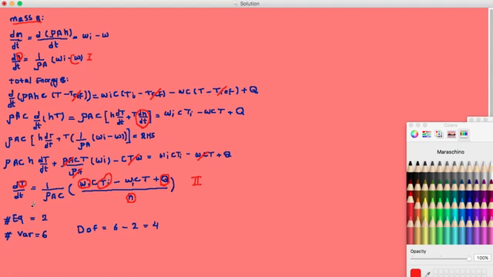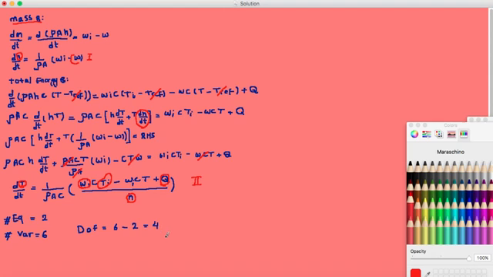So H and T are output variables on the left hand side of equation 1 and equation 2. The other two variables, so we already defined 2 of these 4 degrees of freedom. The other 2 can be input variables, manipulated variables. So if I select Q, it helps us to control T, and also if I select omega I, it helps us to control H. So I will select omega I and I will select Q as the other 2 variables that I can decide to select.